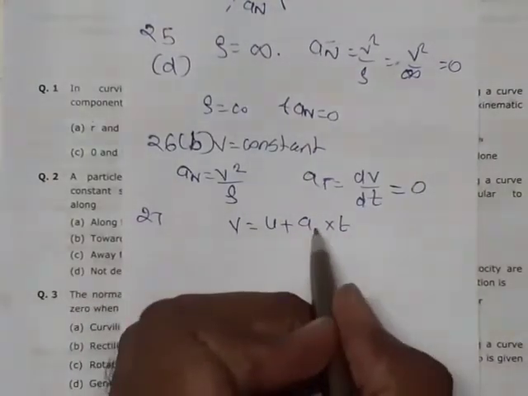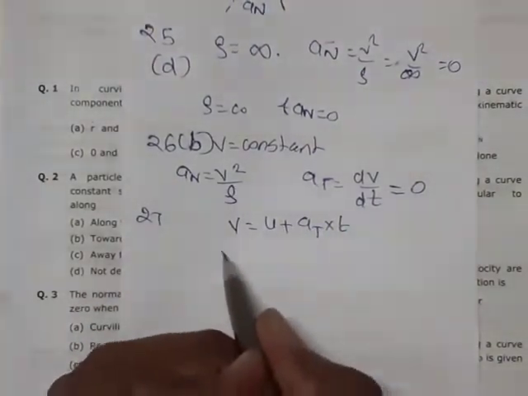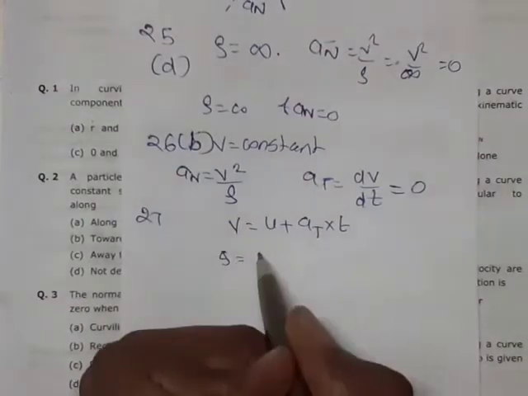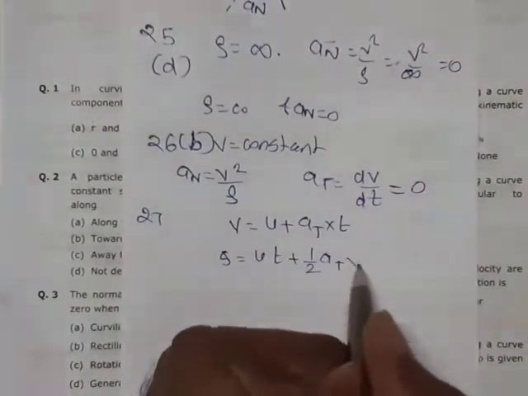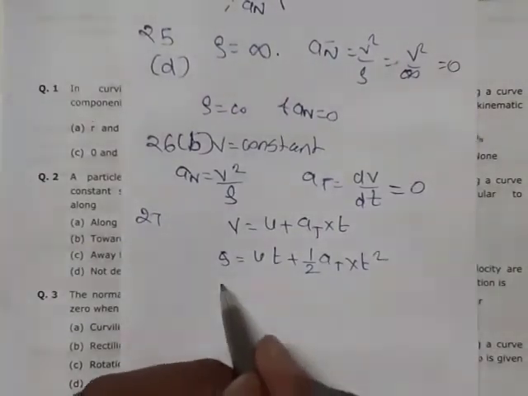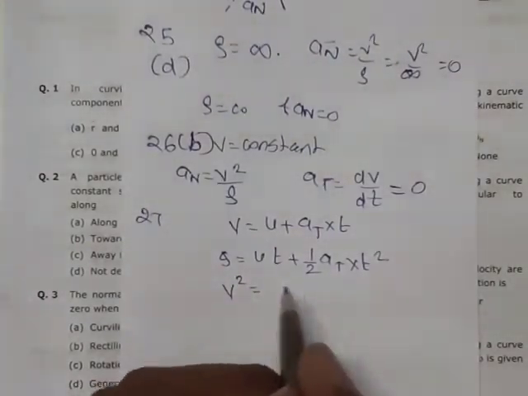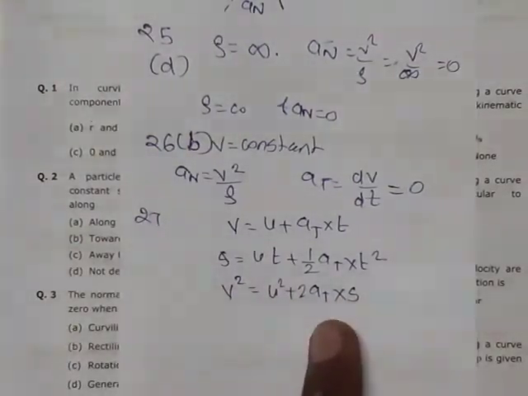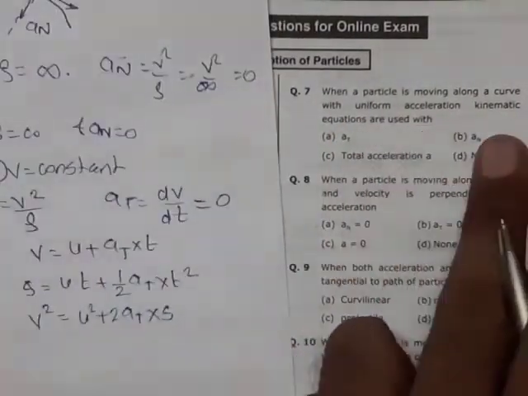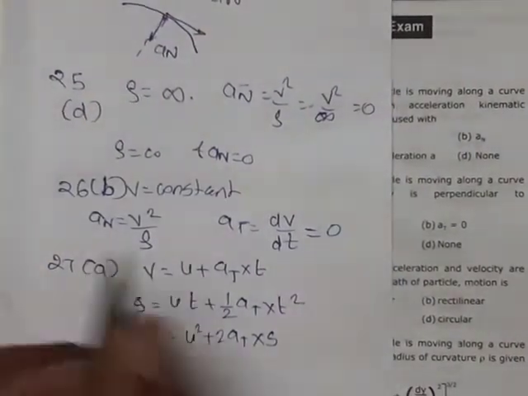Here we are taking at into t. The second kinematical equation is displacement equals u into t plus 1/2 at into t square. And the third kinematical equation we are going to use is v square equals u square plus 2at into s. We will use the tangential component of acceleration in case of a particle moving along the curve. So option A is correct for question 7.